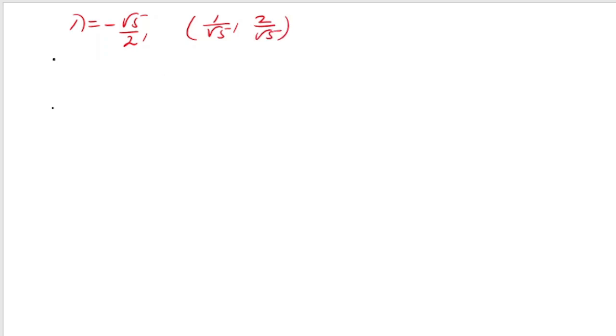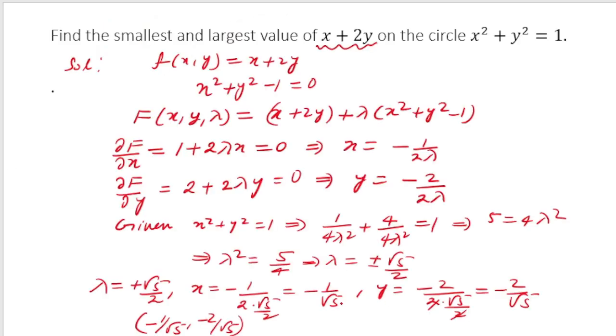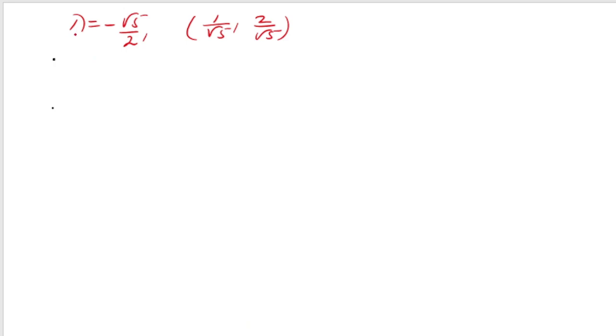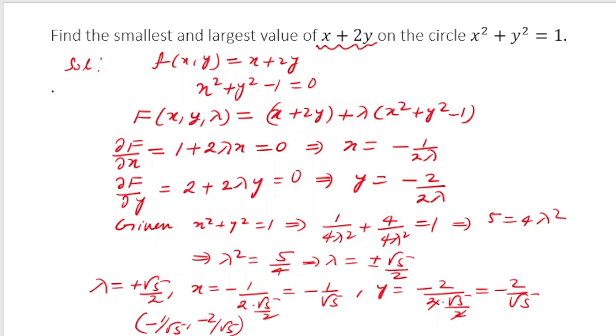So we have got two critical points. The first one is minus 1 by under root 5 and minus 2 by under root 5, and the second one is this. Which one is the smallest and which one is the largest value? I calculate the function value at minus 1 by under root 5 and minus 2 by under root 5. That will give me x plus 2y.